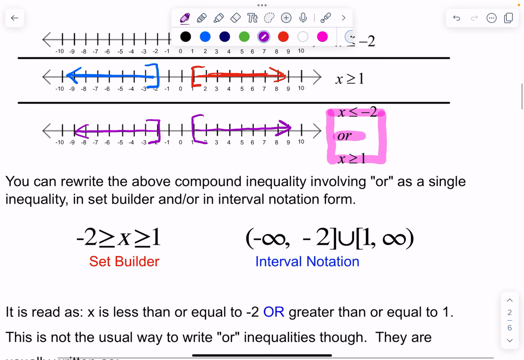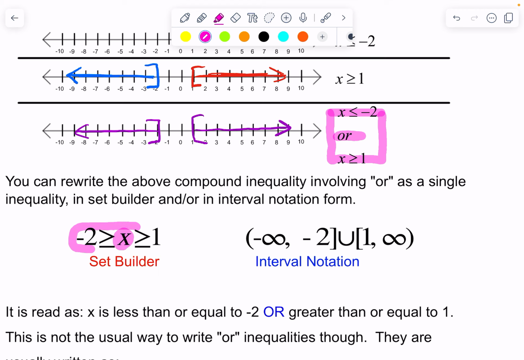You can write the above compound inequality involving or as a single inequality in set builder and once again in interval notation. In set builder, please note that the x is in the middle and we've got x is less than or equal to negative 1 or greater than or equal to 1. I'm sorry, that's x is less than or equal to negative 2 or x is greater than or equal to 1.